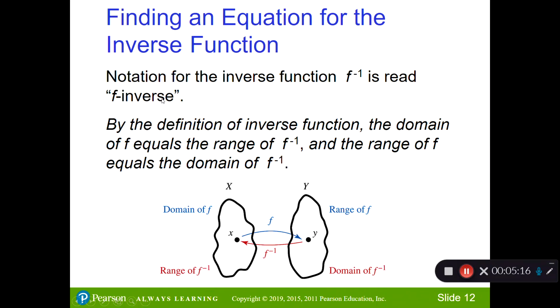That's the way we read it. And what it does is any x that I pick up and run through f, if I pick up the y that's associated with it and run it through the inverse, I get back to what I started with. Remember, it undoes what the original function does. So the original function takes this x and turns it into a y. So the inverse will undo that. It'll take that y and turn it into an x.